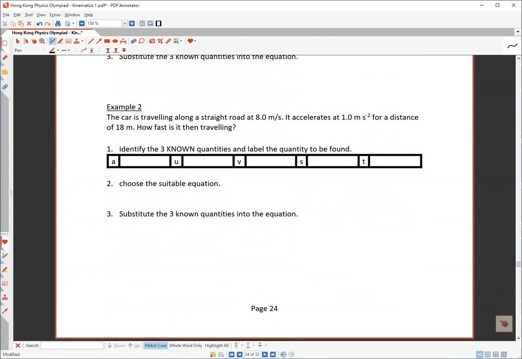Let's say this one: traveling along a straight line at 8, accelerating at 1, distance is 18.